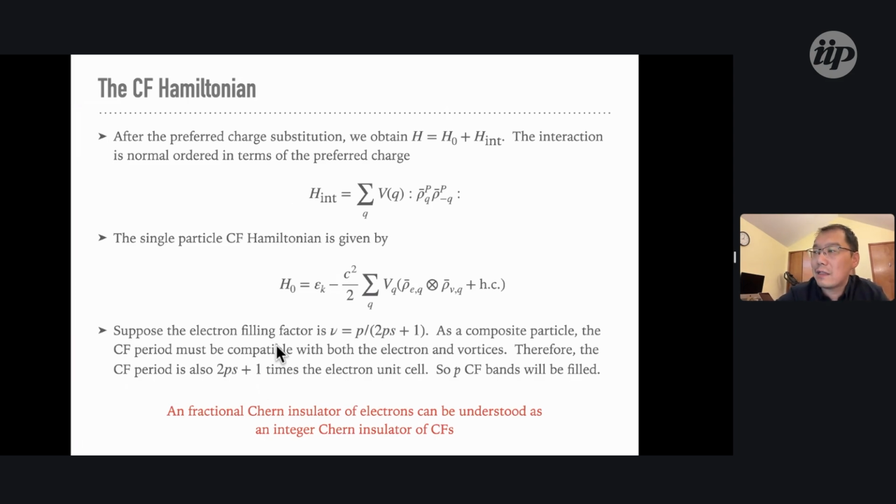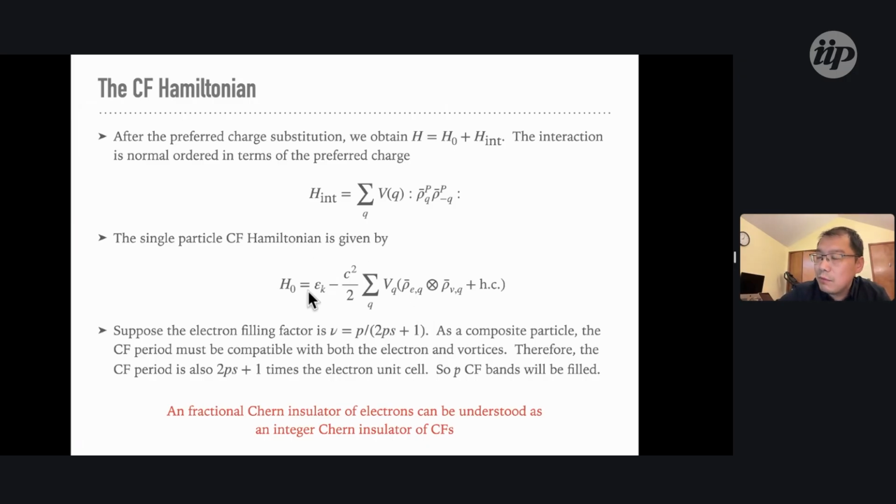Since we mentioned before that the magnetic unit cell of the vortices will be 2ps plus 1 times the electron unit cell, the composite fermion period is also 2ps plus 1, which means that for the filling factor of the composite fermion band, you will have an integer filling. You can see that this really parallels what we anticipate, right? The fractional filling of electrons can be understood as the integer filling of composite fermions.